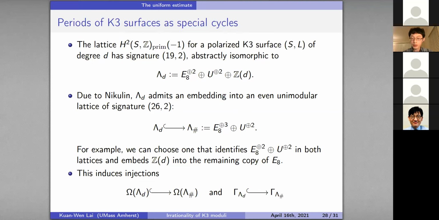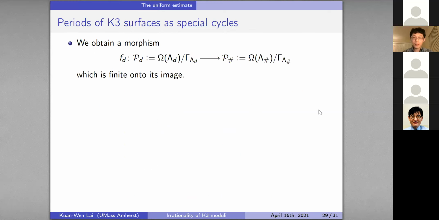You extend them to Lambda sharp as the identity on the orthogonal complement. That's how this embedding is defined. So with these two injections, you get a morphism on the period spaces, from the period space P_D associated to Lambda_D to the period space of Lambda sharp.